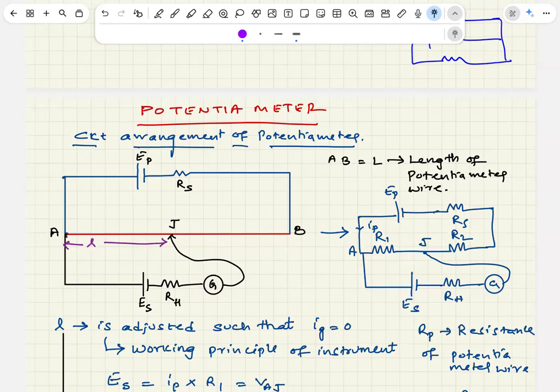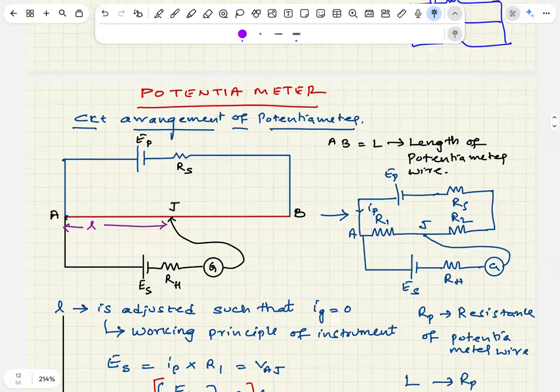But remember, care must be taken. On both sides, the positive side must be the same side. Suppose A is connected to the primary positive, A must be connected to the secondary positive. That is the first care. Second care, in the absence of this circuit, the drop across AB alone due to this must be higher than the EMF of this cell.